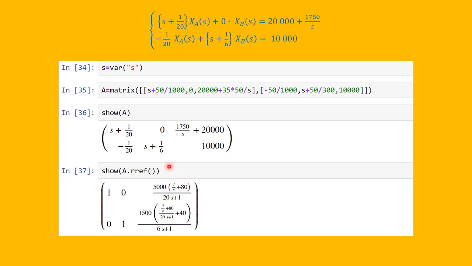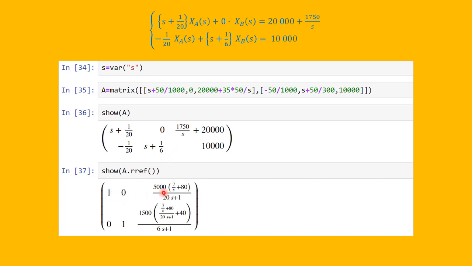Okay, then we'll get this matrix in reduced row echelon form. In reduced row echelon form, we get a matrix corresponding, remember, to an equivalent system of equations, a system of equations that has the same solution as the system of equations that we started with.